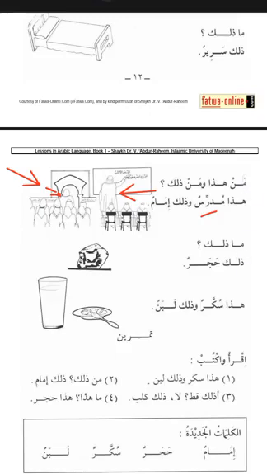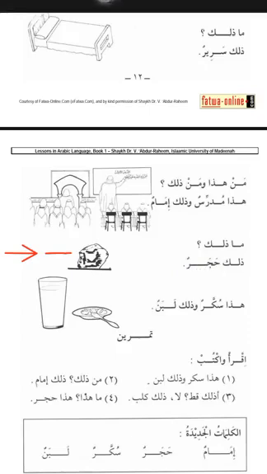So the next one, ما ذلك, what is that? You know the meaning of ما ذلك now. We say, ذلك حجر. That is a stone.